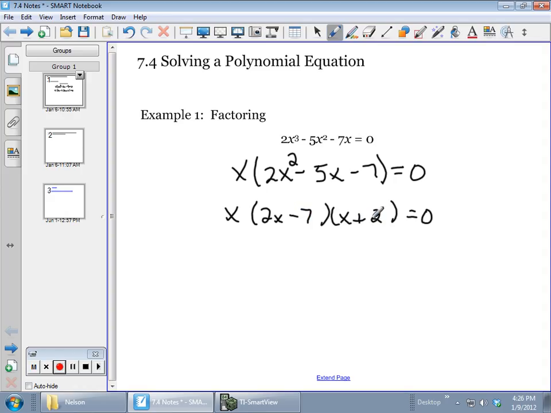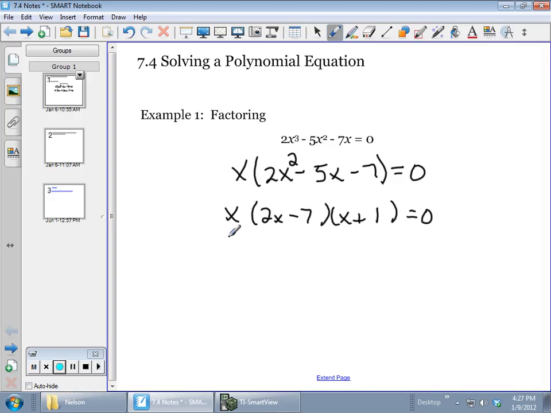Oops, I wrote that wrong. Plus 1. Now negative 7 and 1 add up to negative 6, not negative 5, but that's different here. We can't use those old rules because there's a 2 in front of the x squared. So this would be negative 7x, and that would be plus 2x, which would give us negative 5x. So this is factored correctly.